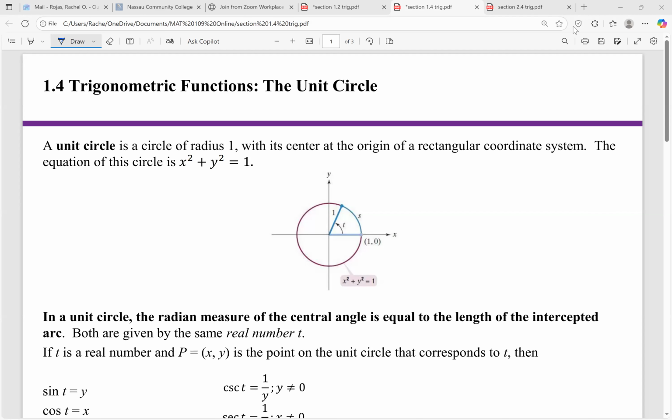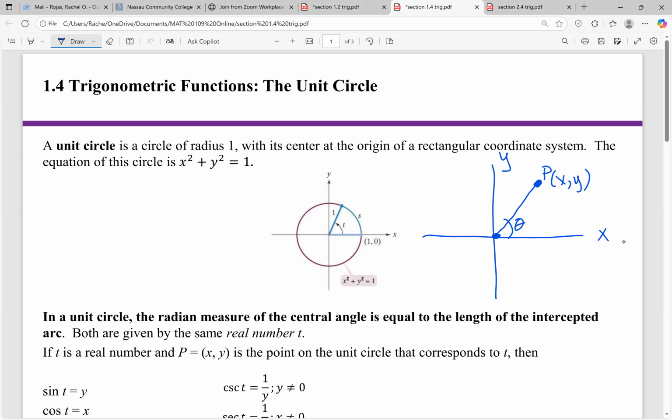And that should look familiar, right? In the previous section, when we weren't necessarily assuming we were working with a unit circle, here's x, here's y, and we had some point P, (x, y).